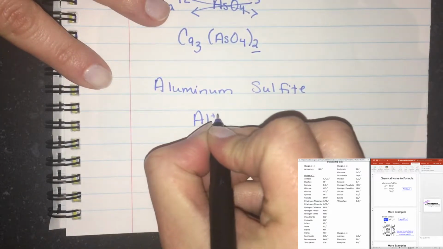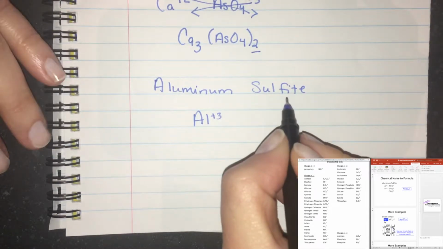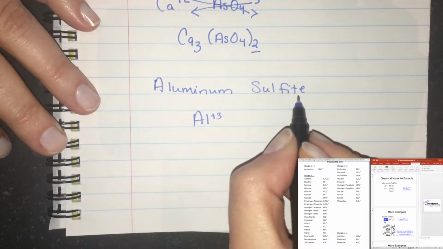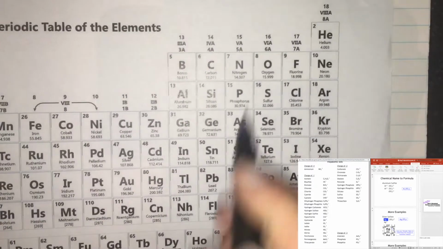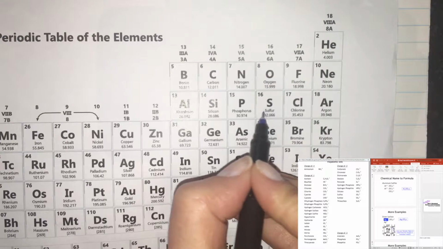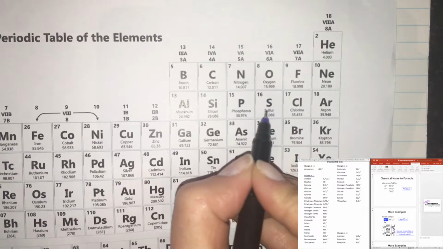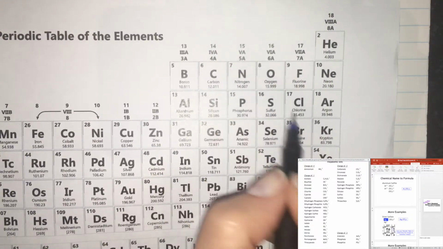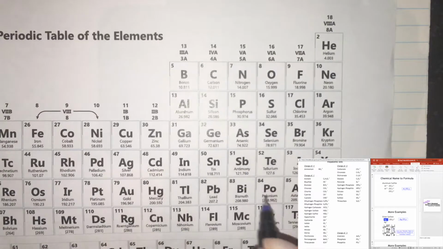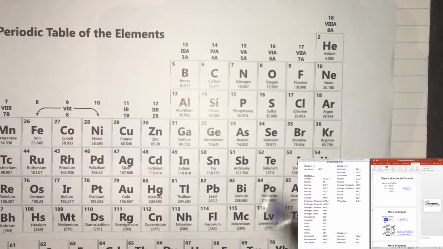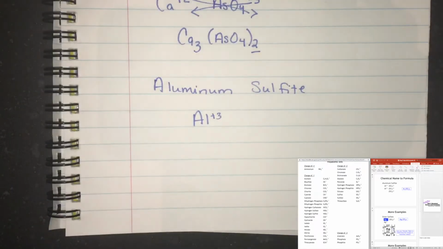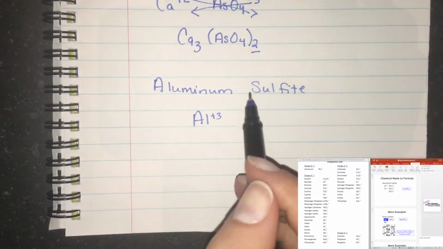That one's easy. Sulfite. If it ended in IDE, then according to what we learned yesterday in the lecture, sulfide, ending in IDE. Chloride, fluoride, oxide, bromide, iodide, nitride, all of them are ending in IDE. This is not.